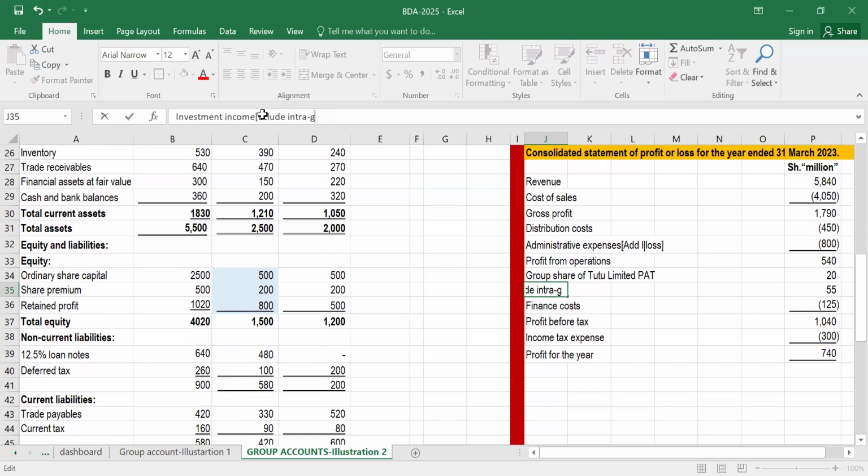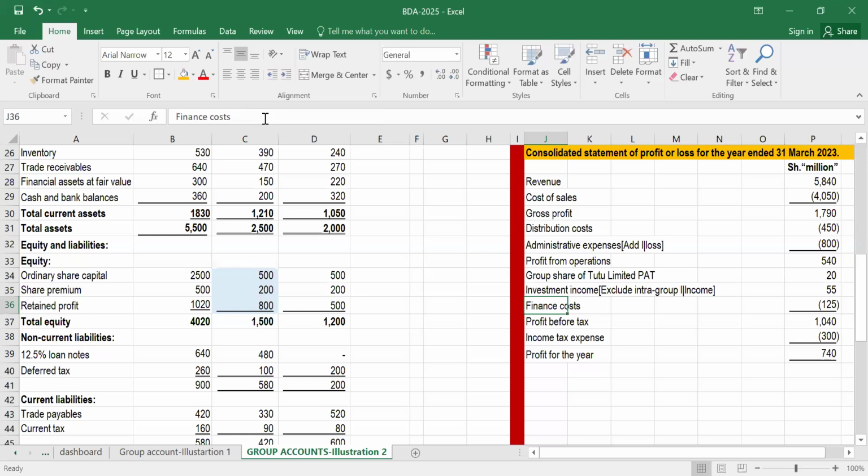Intragroup investment income is basically investment income generated within the group, e.g., a dividend received by the parent company from the subsidiary or associate. That should totally be excluded here.